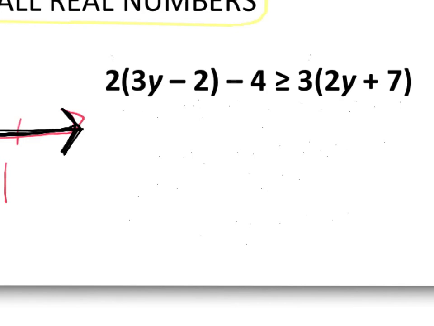False. Negative 8 is not greater than, nor is it equal to 21. So this is a false statement, and the answer is what? No solution. With an answer of no solution, you don't need to graph it because there's basically no numbers on the number line that will work, so you don't need to graph it.